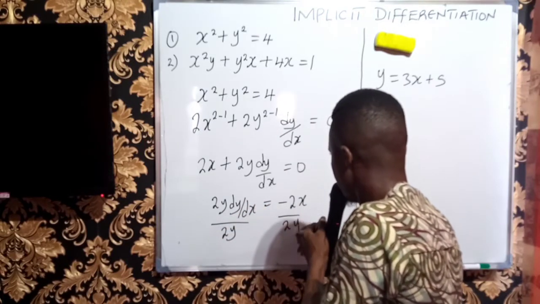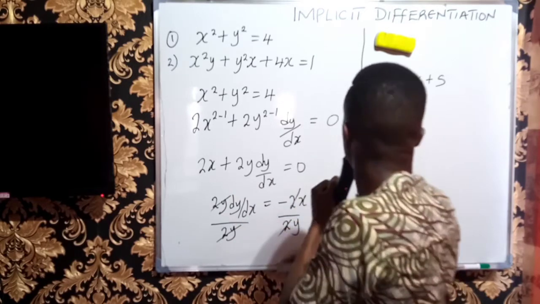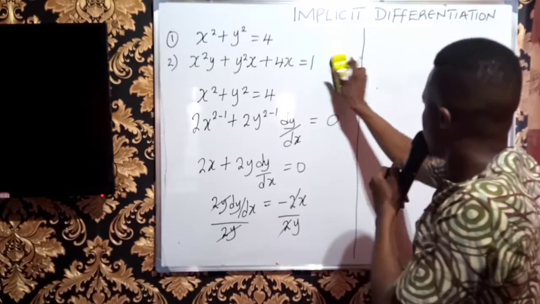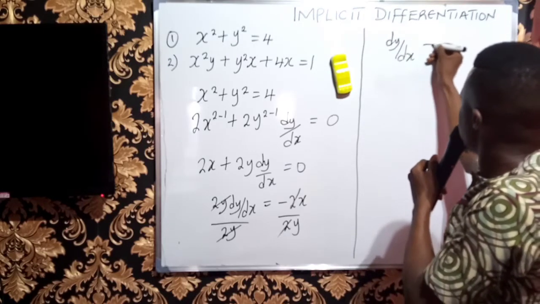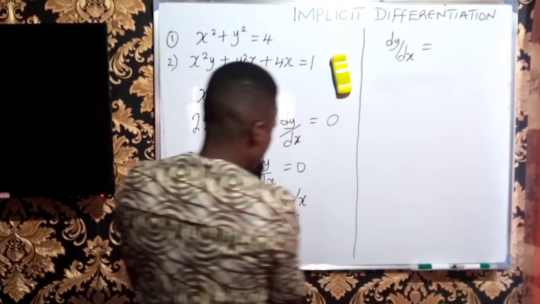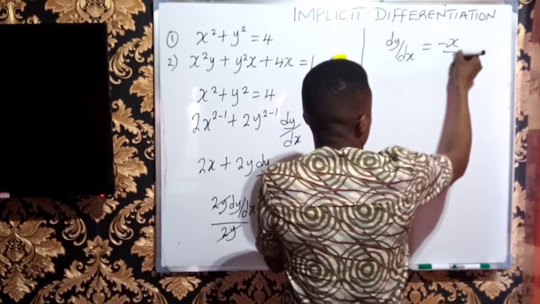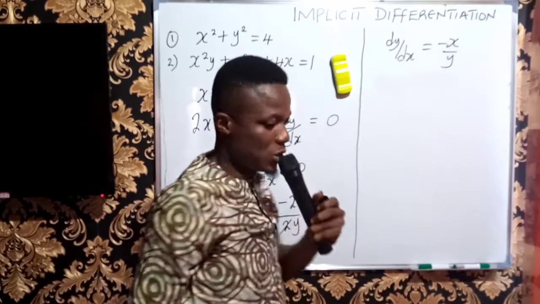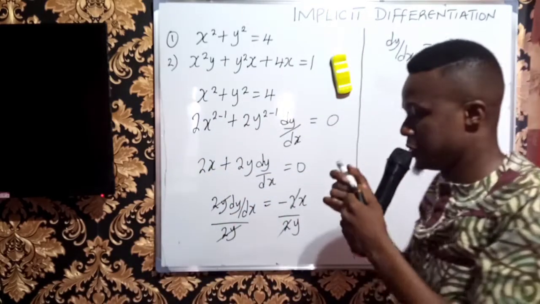The 2y cancel out. So finally, I'll have that dy over dx is equivalent to negative x all over y. That is the solution. So dy dx is minus x over y.